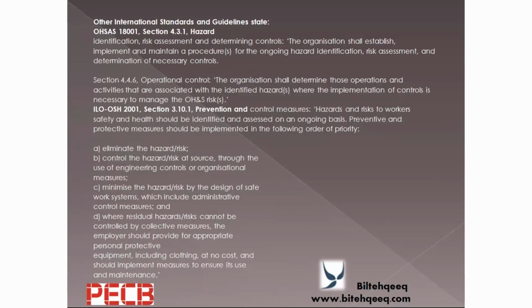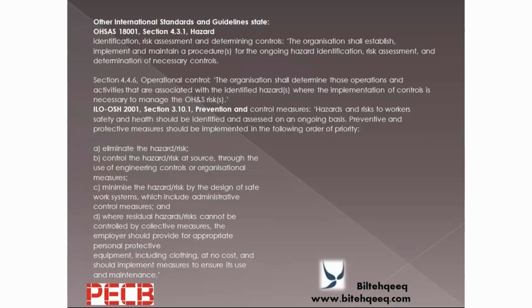Clause 4.3.1, on hazard identification, risk assessment and determining controls, states that the organization shall establish, implement and maintain a procedure for the ongoing hazard identification, risk assessment and determination of the necessary controls. And clause 4.4.6 of this standard is related to operational control.